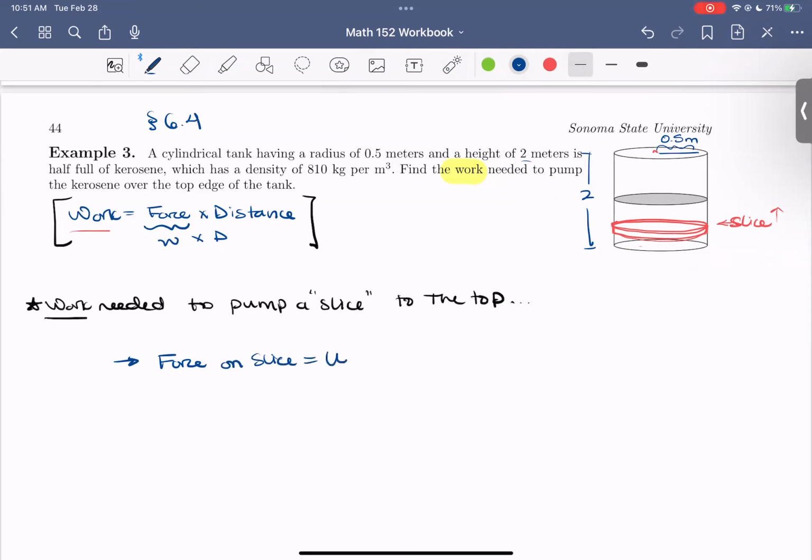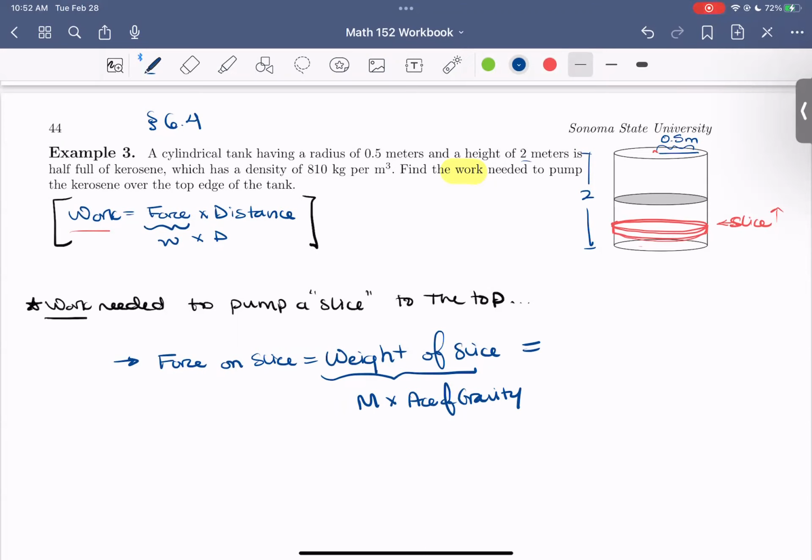That is equal to the weight of a slice. Weight is equal to mass times the acceleration due to gravity. So to compute the weight of a slice, we first need to compute the mass of the slice.